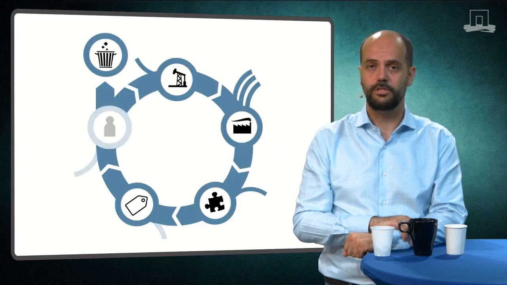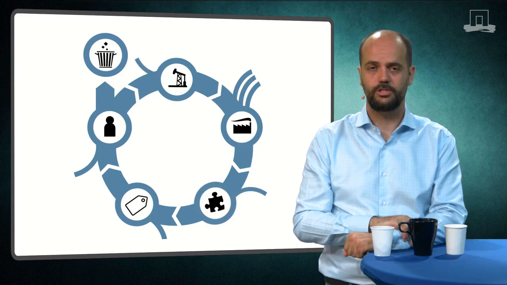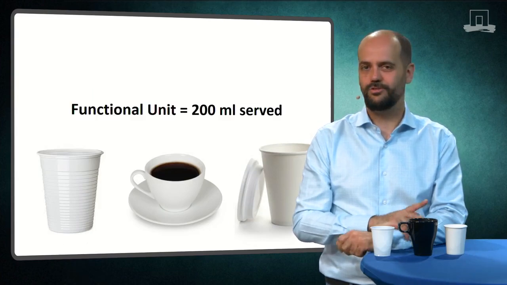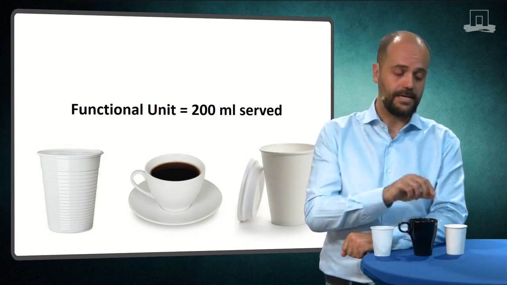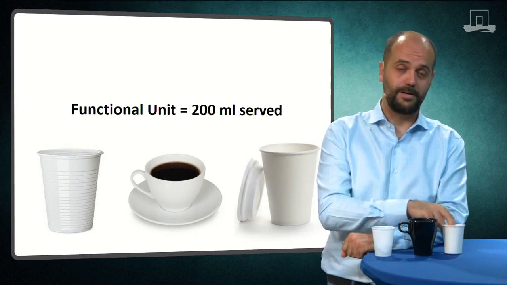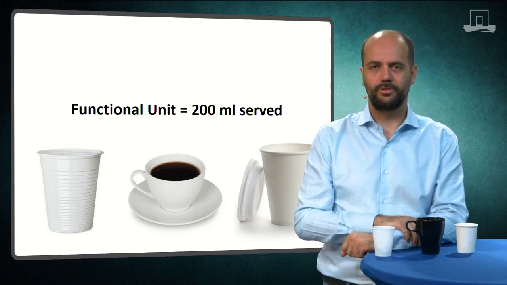The functional unit should serve as a reference according to which all the environmental exchanges or inputs within our system boundaries can be scaled. Coming back to our coffee cup example, let's say that our functional unit is 200 mL of coffee served. We can then compare our disposable plastic cup, our disposable paper cup, and our ceramic cup according to this functional unit.